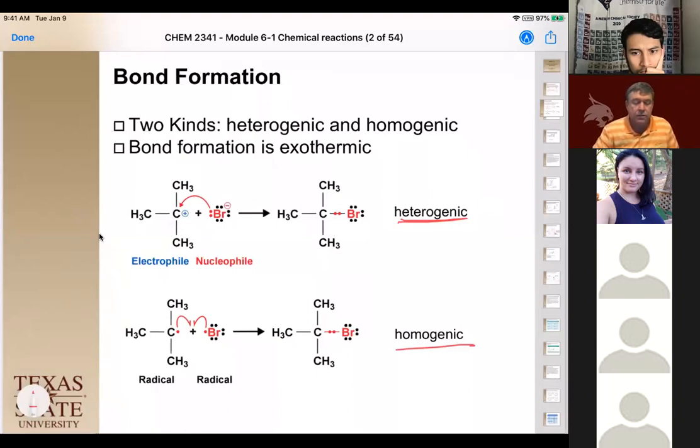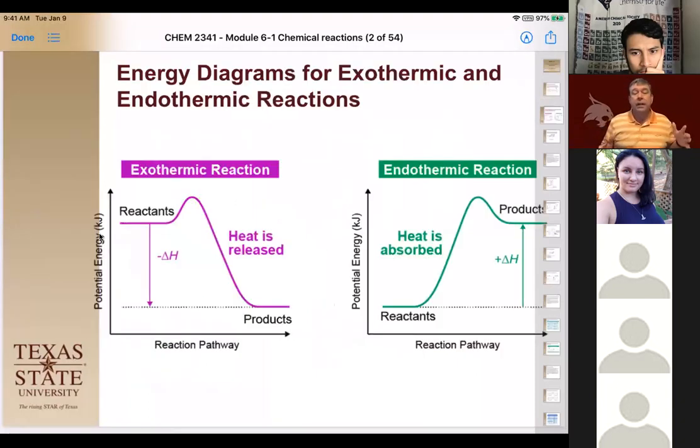Okay, so how can we follow this? We typically follow this by what we call an energy diagram. An energy diagram is just a way of looking at the potential energy of the system as we go through the reaction.